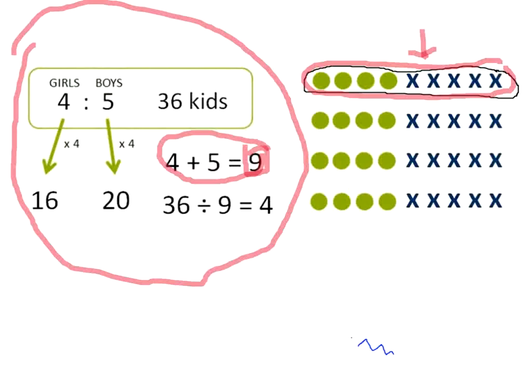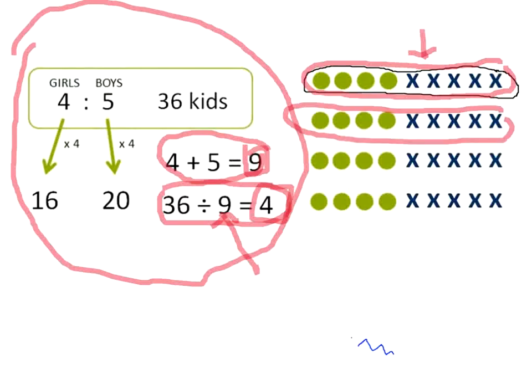Now, why would I divide 36 by 9? What is that going to tell me about this picture? What does this 4 that I get mean? The 9 is the number of kids on a team or in a group. And then you divide 36 by the number in a group, and the 4 gives you, and someone has written, the number of rows or the number of teams.